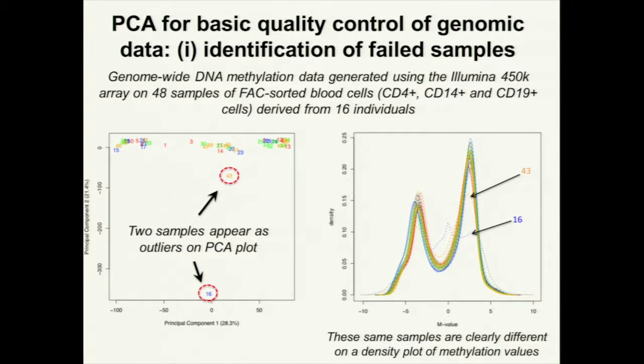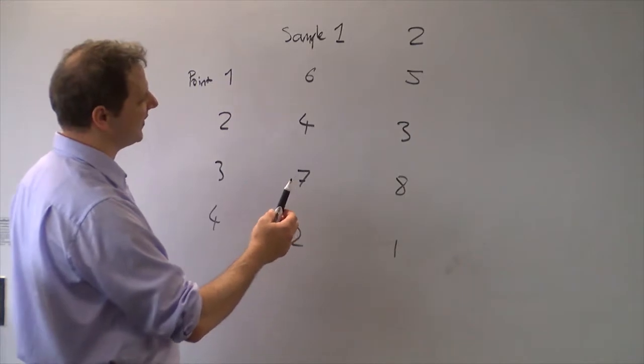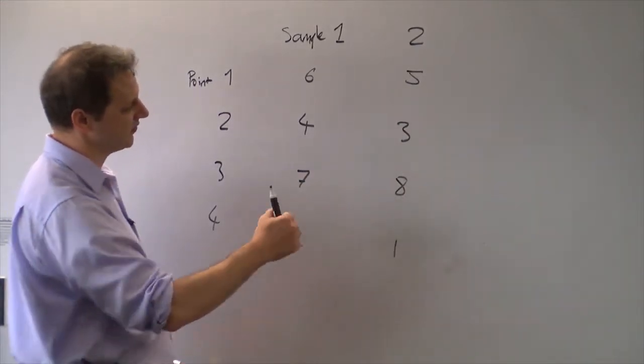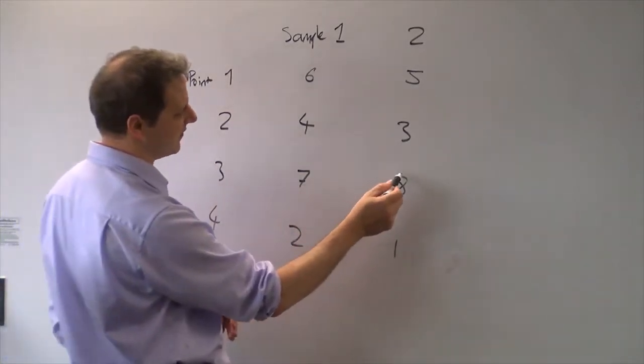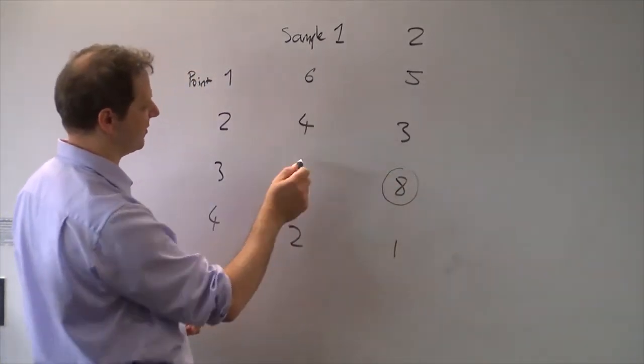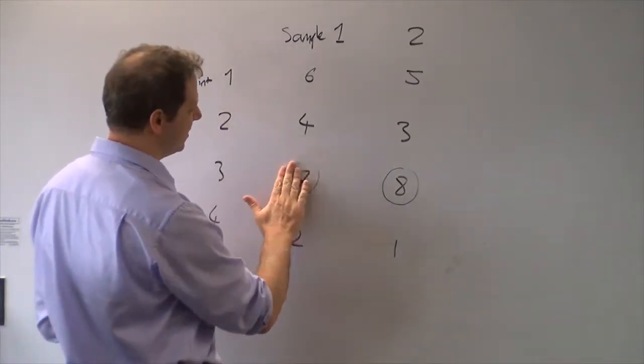So what quantile normalization does is take a large data distribution like this and basically force things to look the same. It will force things to have an identical overall distribution. The way it works is you first rank your values in each individual. Our highest ranked value in this person is 8. The highest ranked value in this one is 7. It happens to be the same probe or the same data point.